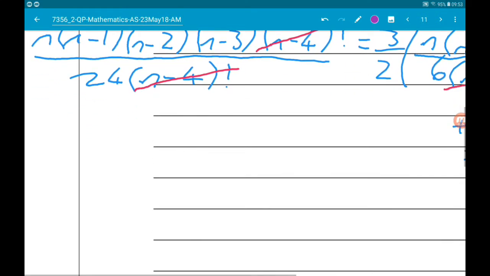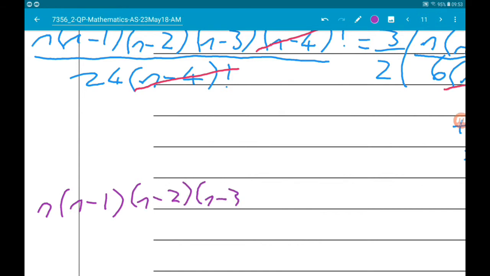We get left with n times n minus 1 times n minus 2 times n minus 3 over 24 is equal to 3/2.